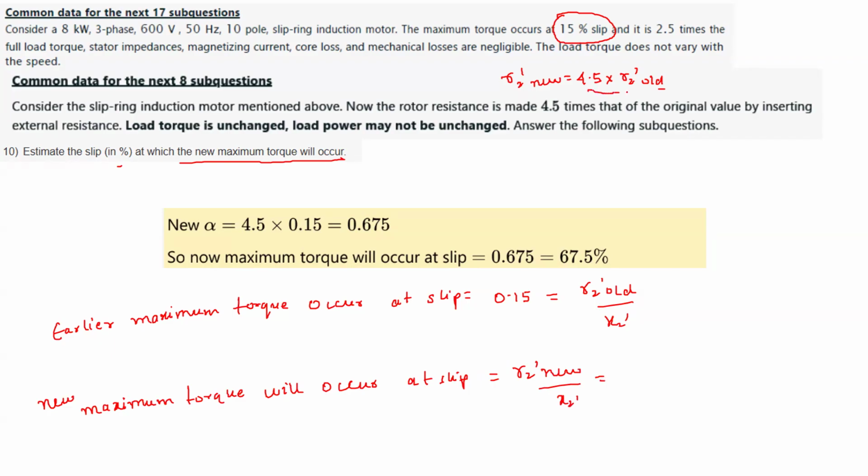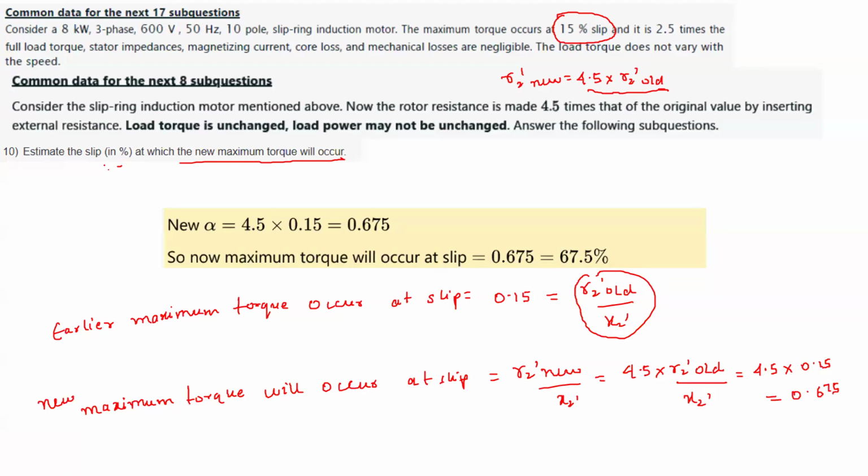R2 dash new is how much? 4.5 times R2 dash old. So 4.5 times R2 dash old by X2 dash. And we know from earlier that R2 dash old by X2 dash is 0.15, or 15%. So 4.5 into 0.15 will come out to be 0.675.